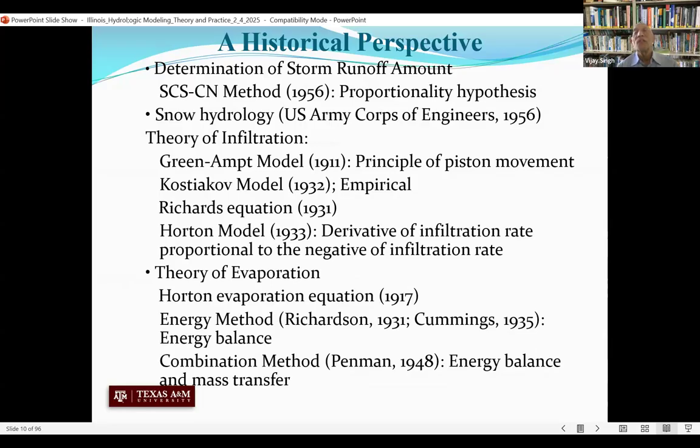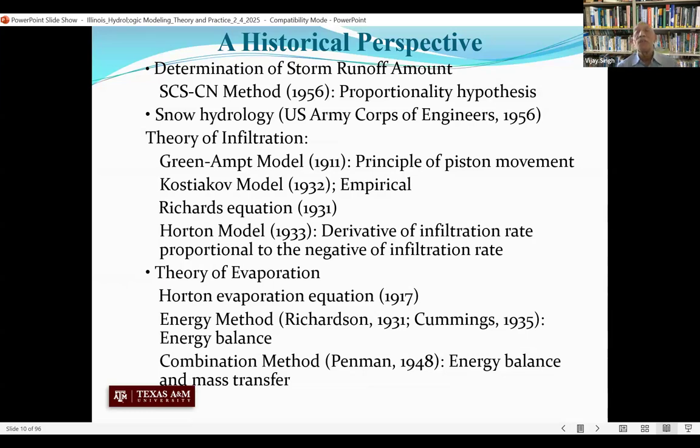CN is for curve number. And this is based on the proportionality hypothesis. I know a lot of hydrologists disregard this as entirely empirical, but I can tell you that so far we have not come up with a better method for computing storm runoff. And this method is not as empirical as a lot of people tend to think.